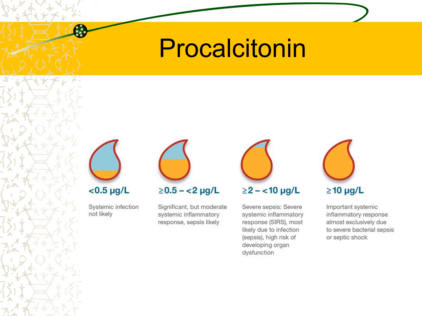But greater than 2, we're talking severe sepsis. Severe systemic inflammatory response is the most likely cause due to infection or sepsis. And there is a high risk when you have these elevated procalcitonin levels of developing organ dysfunction.